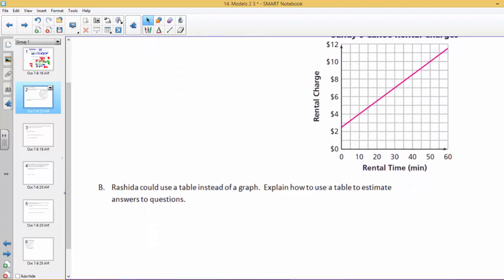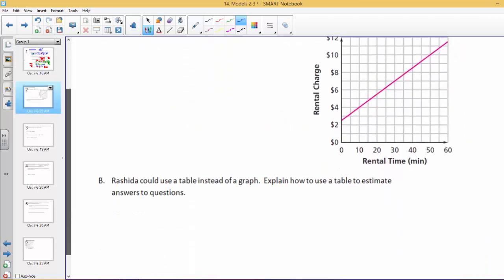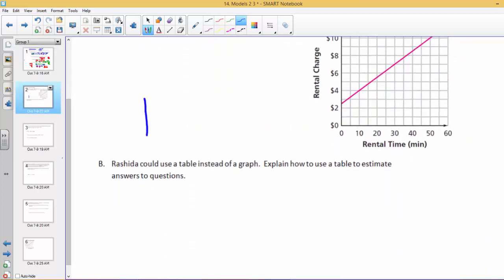So let's go back here and get our data. So first of all, our x value is minutes. This is the x, and the y value is the charge. So if you're going to have a table, I'll just make it right here.